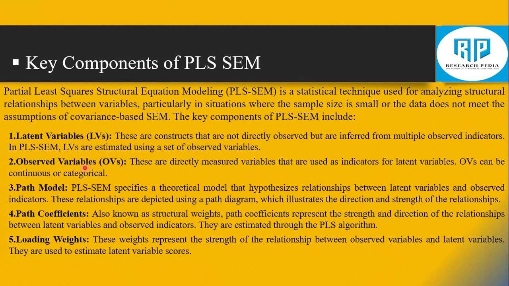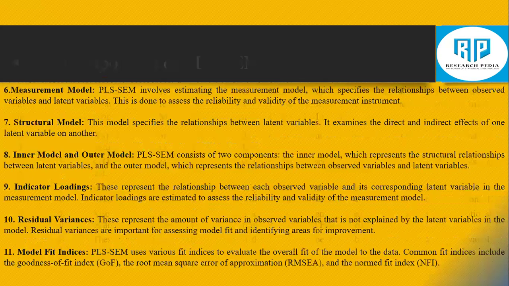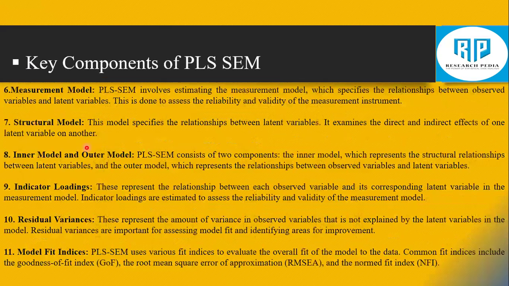And that relationship between observed and latent variables indicates some values which are known as loading weights. So those loading weights ensure whether your observed variables are significantly measuring your latent variable or not. So this is important to understand. Then next thing is the measurement model. The measurement model basically ensures the relationship between observed variables and latent variables.